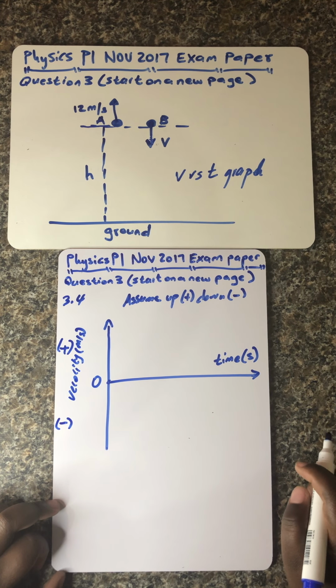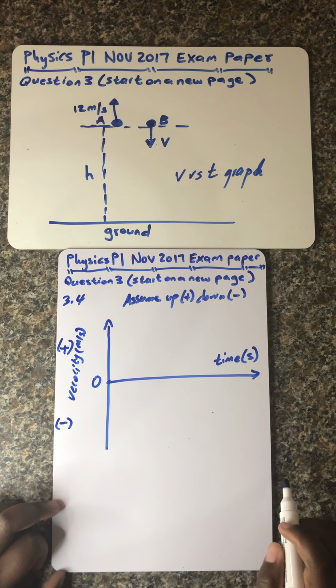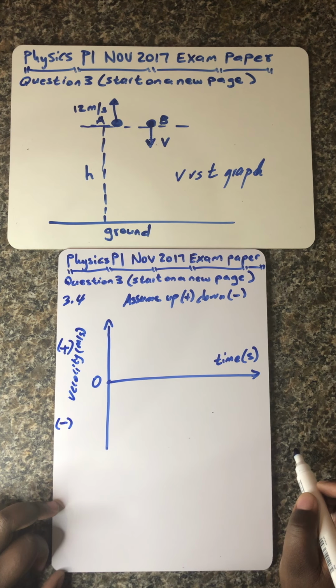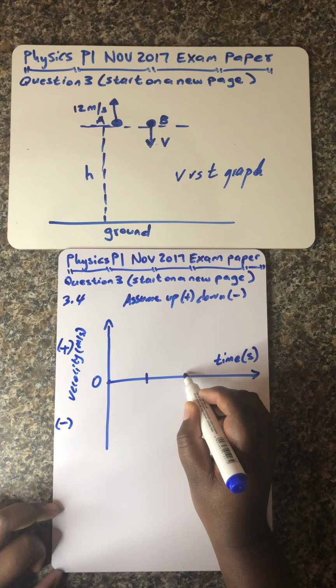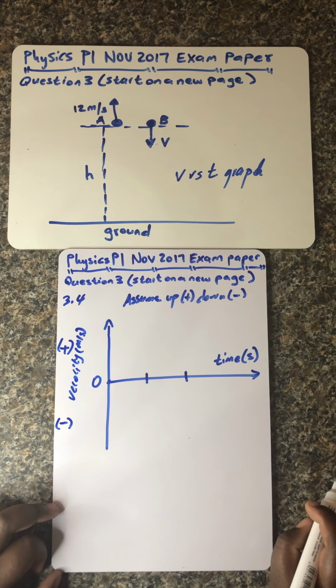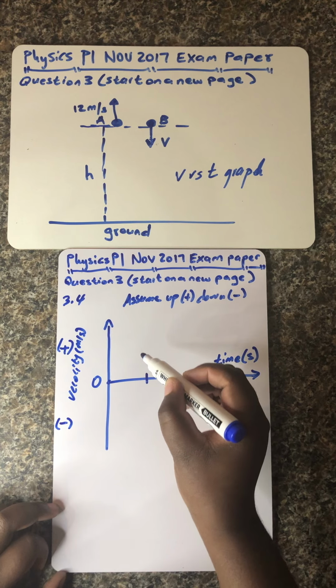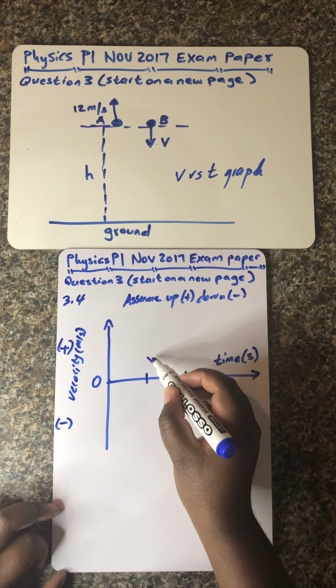So that means, for example, we can start with stone A. We can represent stone A on this graph. So obviously, in terms of time, guys, there's something which is very, very important. You should clearly indicate the time so that you can easily refer to this diagram when it's done. Remember, when stone A goes up, it takes 1.22 seconds.